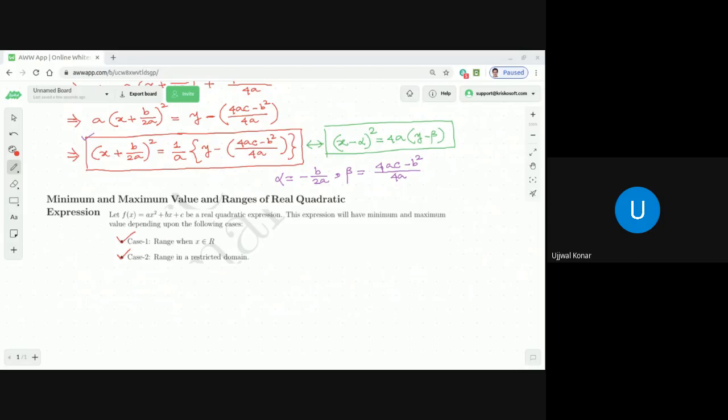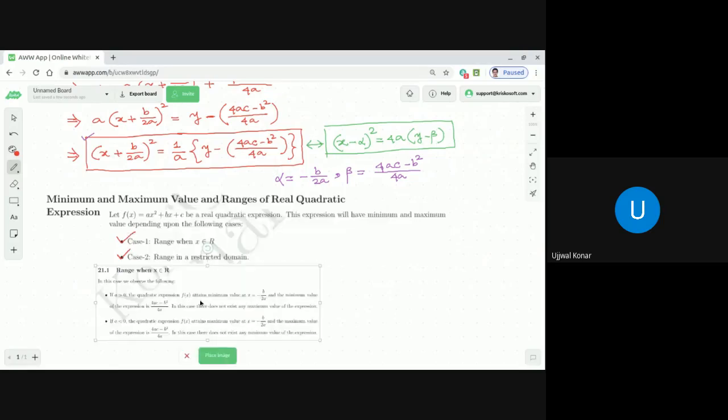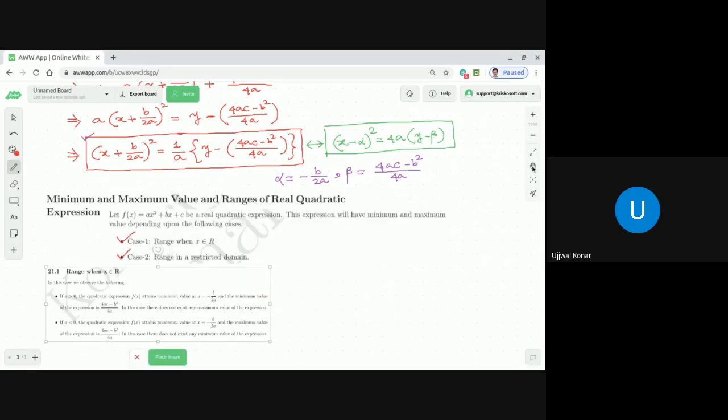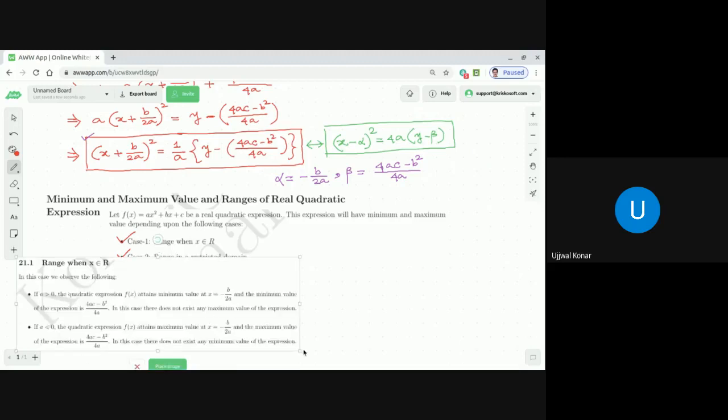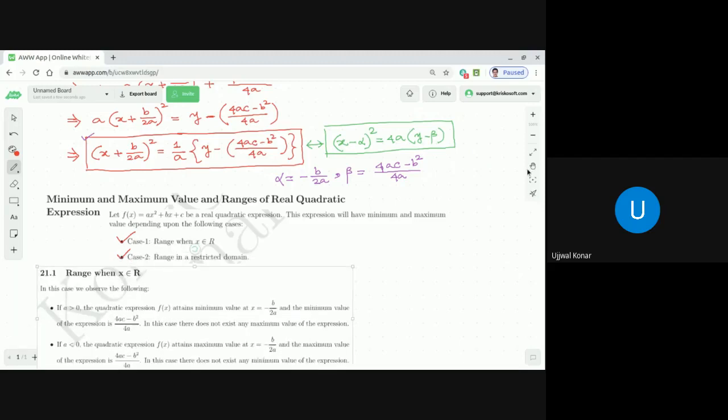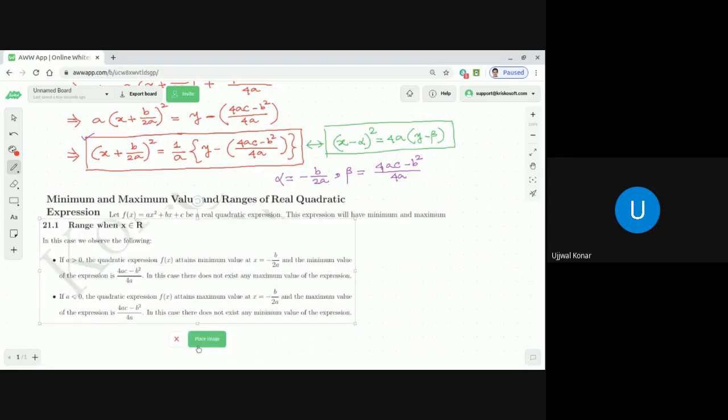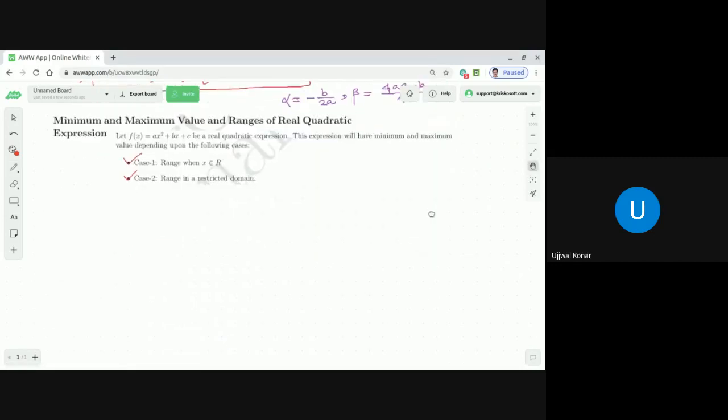If you look into it, when the range is x belongs to R, what are we going to get? Let me first keep the note here, and then I will explain by means of the graph.